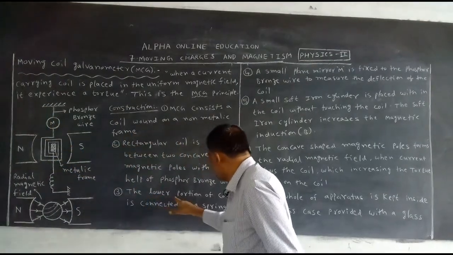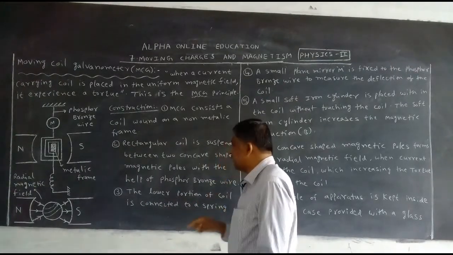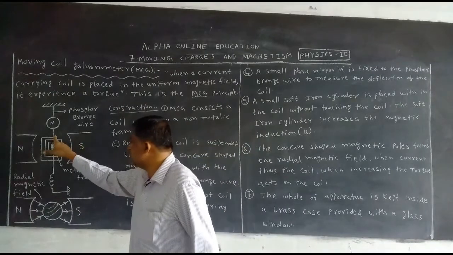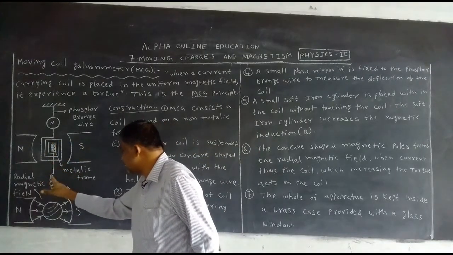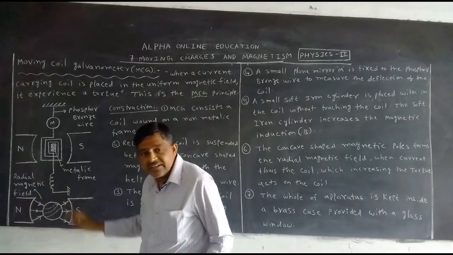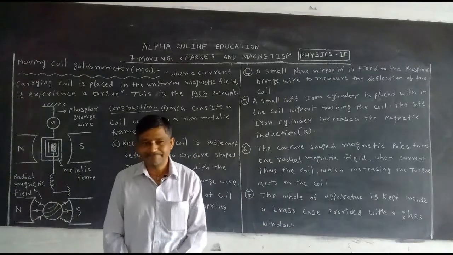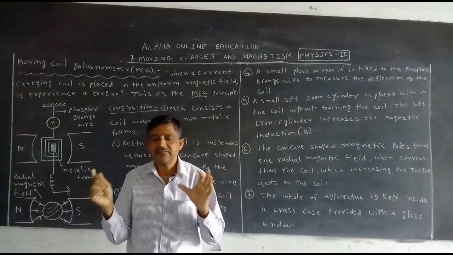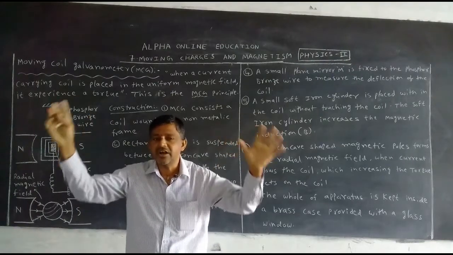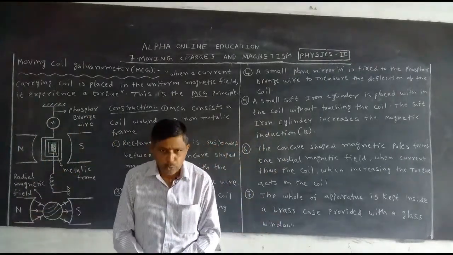Now, this is the second point. The lower portion of the coil is connected to a spring. This is the first portion of the phosphor bronze wire, and the second portion of the phosphor bronze wire is connected to the spring. That's why it is suspended. In the moving coil galvanometer, we take concave surfaces of the magnetic poles.